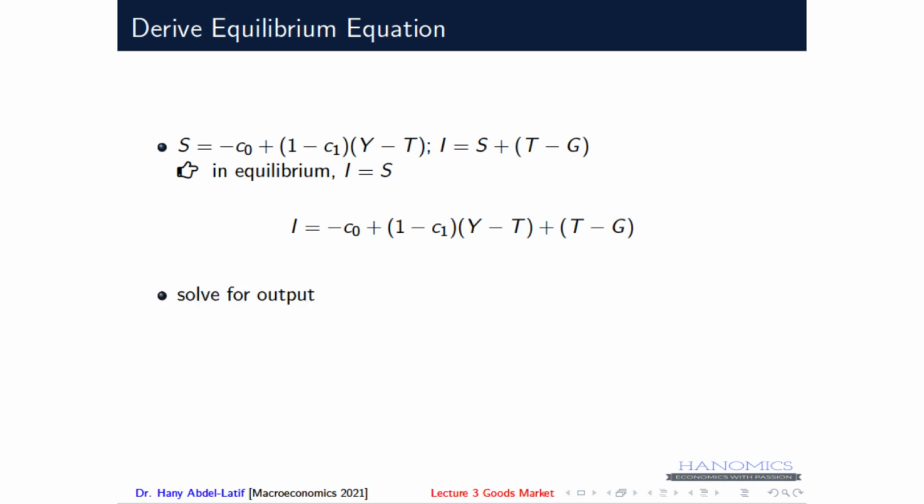Solving for output Y gives us exactly the same equation that we obtained using the equilibrium condition of production equals income. It's just another way of deriving the equilibrium condition in the goods market. We still see the two main components: the autonomous spending between square brackets, and the multiplier, which is 1 over 1 minus C1. That's all for this video, and I will see you in the next video.